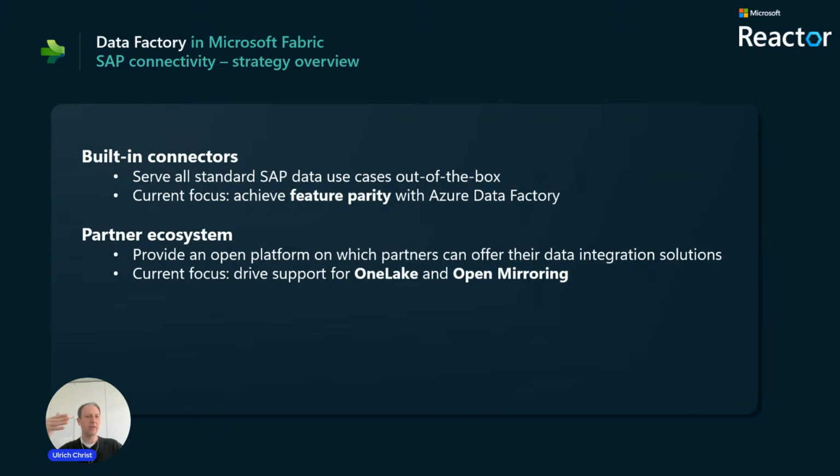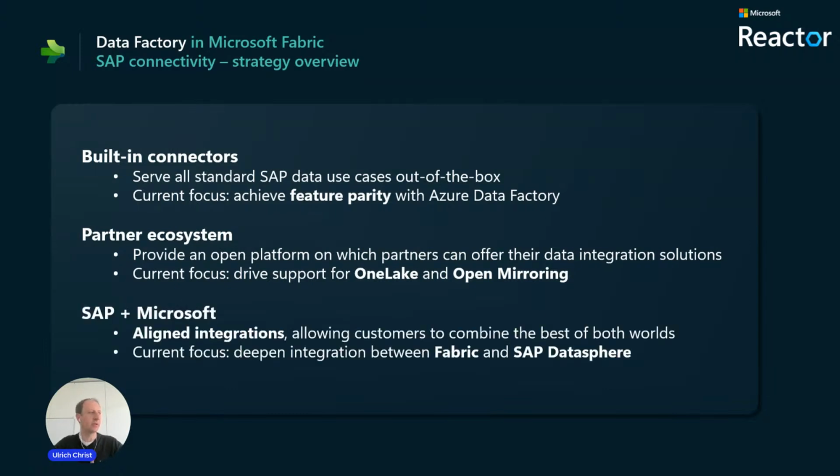So we're enabling this big partner ecosystem of well-established, proven tools which have been around for decades in some cases, 5, 10, sometimes 20 years of experience in getting SAP data out and moving it to some place. We're working with a lot of partners to enable their solutions to integrate with OneLake, and especially with open mirroring. If you haven't heard about mirroring or open mirroring, we'll come to that in a minute. Basically, that's the way we envision change data capture at the moment for Fabric.